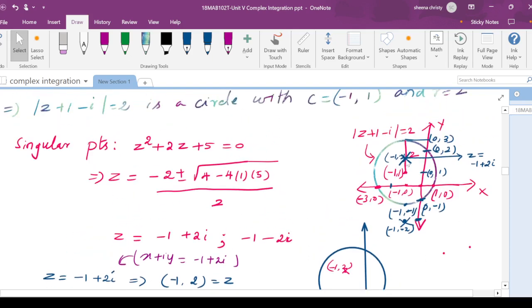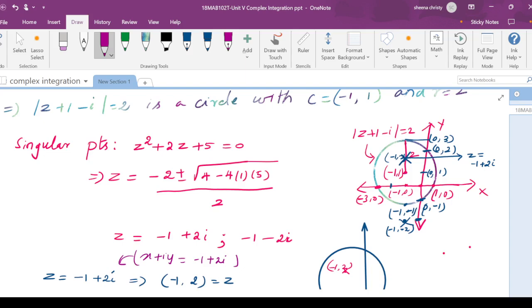So you have the circle with center (-1, 1) and radius 2. This is the circle. I am plotting the points. This point is (-1, 0). This point can be (-1, 1).